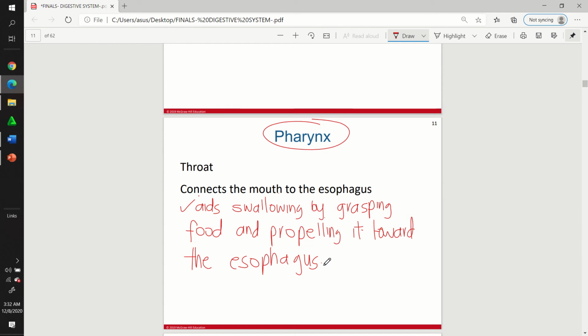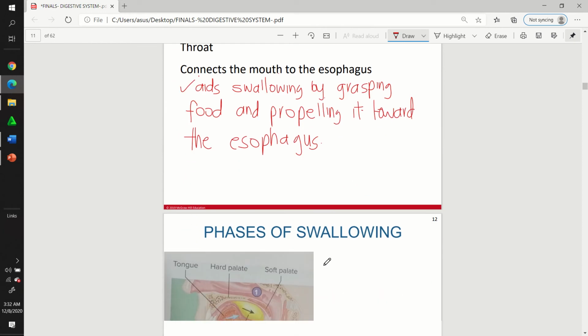Now, digestion begins in the oral cavity, and then the food, the bolus, specifically, is grasped by the pharynx, which aids swallowing by propelling it toward the esophagus.